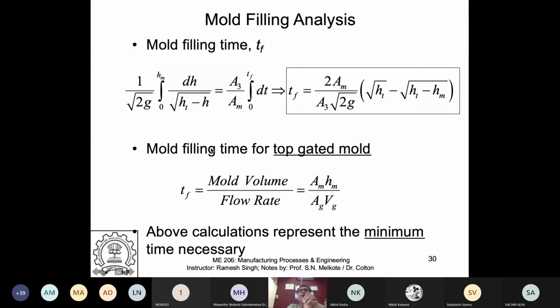It's very easy to do a top gated mold, because it will be the volume divided by the input flow. My mold volume is A_m times H_m, and the flow rate is A_gate times V_gate. So for bottom gate, this is the formulation. For top gate, it is just the volume divided by the volumetric flow rate.